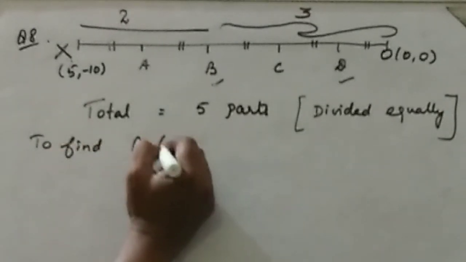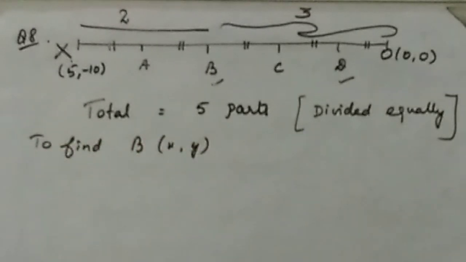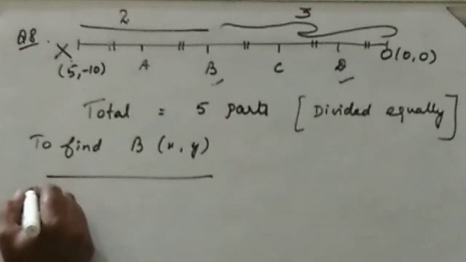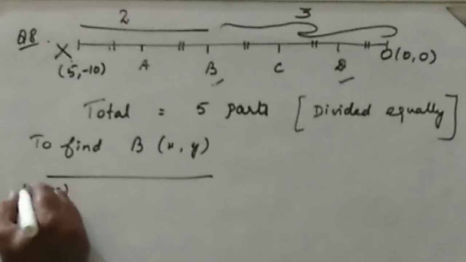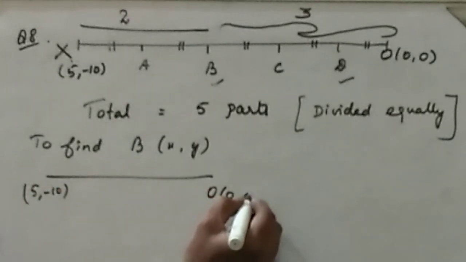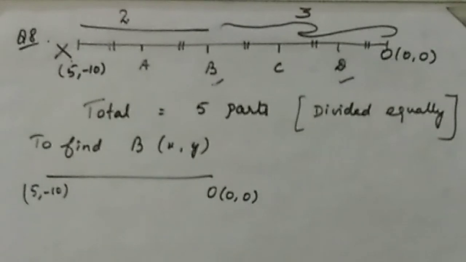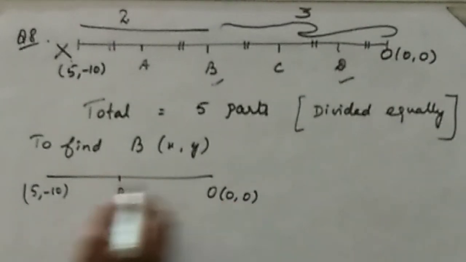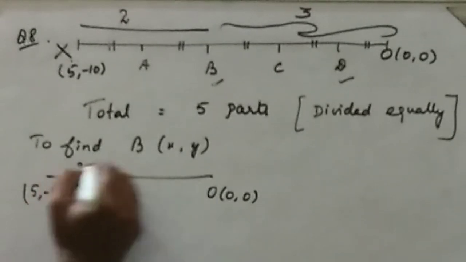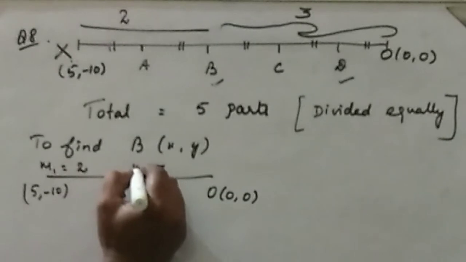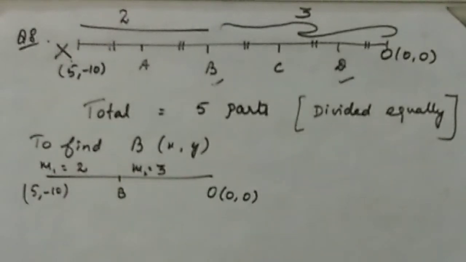Now let us find B. Take x1, y1 as (5, -10) and here (0, 0), the origin, and this is B. The ratio is 2 and 3, so M1 is 2 and M2 is 3.